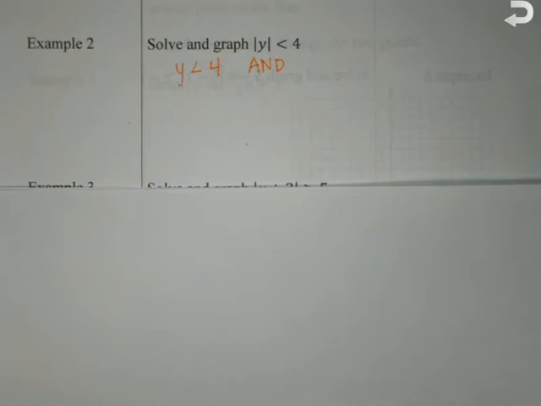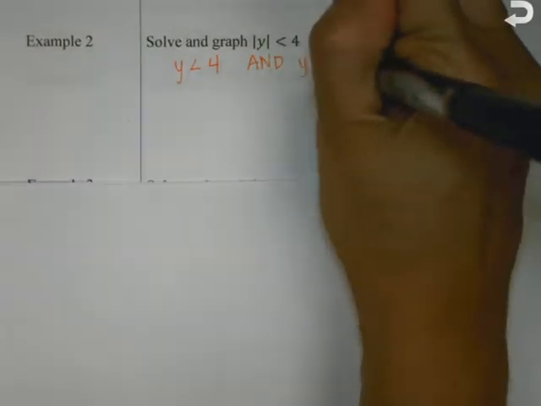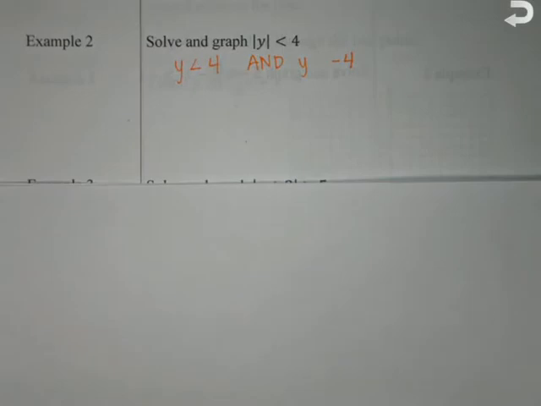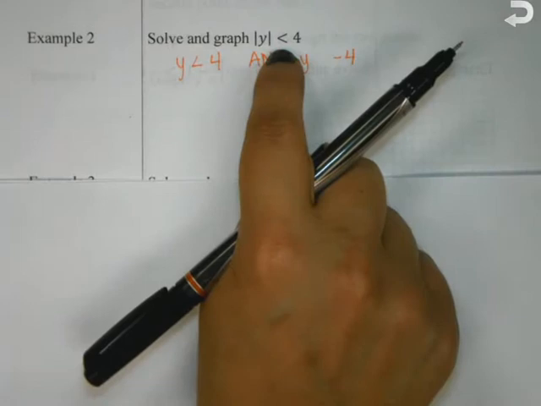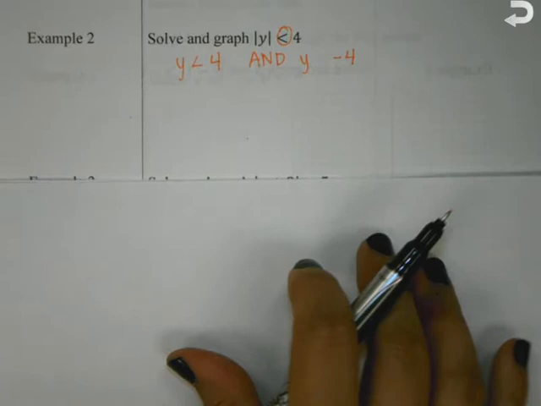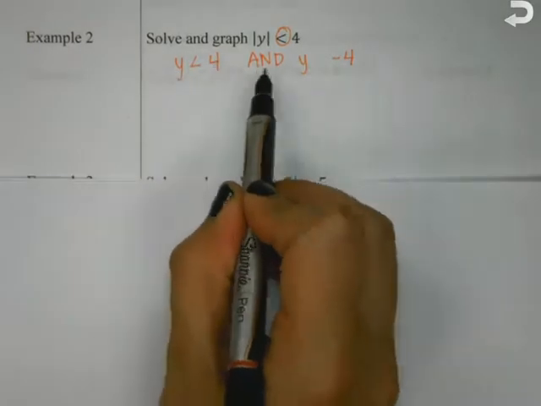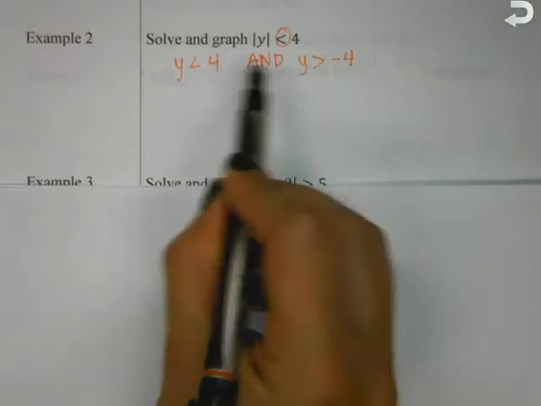Okay? So with an equation, what did we do before? We said it equal to the positive and equal to the negative. So we know there's a -4 happening there somewhere. But what do you guys remember about inequalities? When you change it to a negative, what happens to this sign? It flips. So this is going to be y less than 4 and y greater than -4. Okay, so how do I know if they switch, if my word is "and" or "or"? The word comes from what the original problem was.